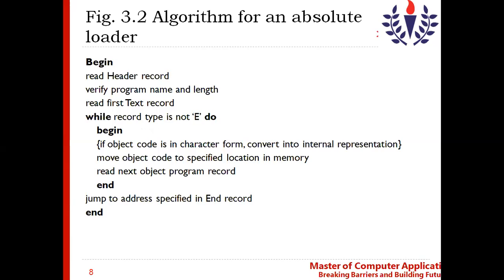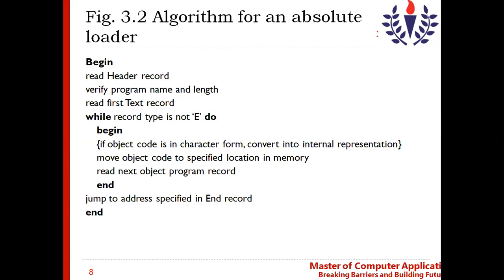So you can see the algorithm for the absolute loader. As you could see, the algorithm is also a very simple algorithm, like the loader. It has the begin and end as usual, and reading the header record. What is the input for the loader?